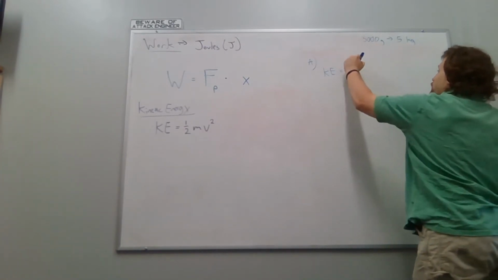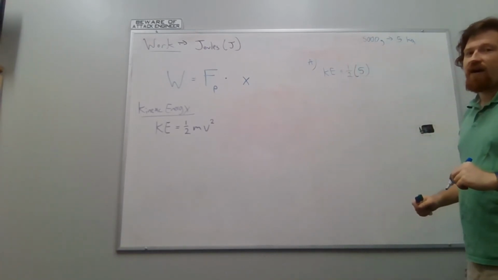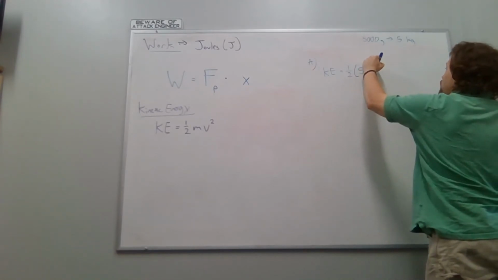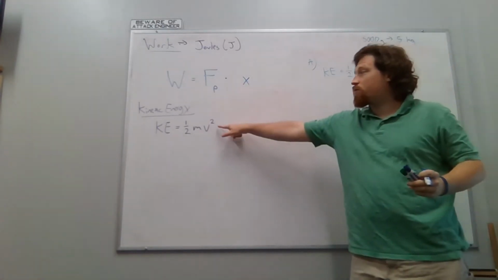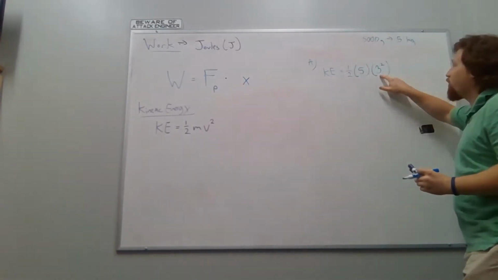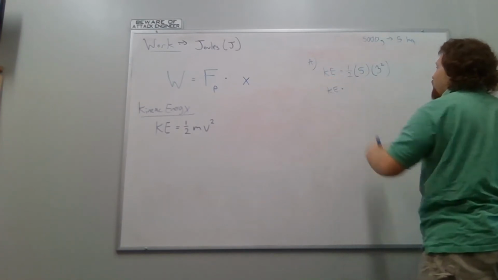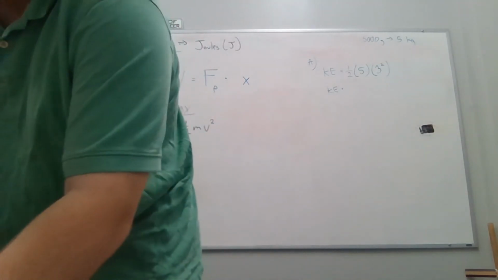So the number I'm going to plug in for the mass of the bowling ball is 5 kilograms. And that 5 kilogram bowling ball is rolling at 3 meters per second. Our velocity term is squared, so we're going to square that 3. That means the kinetic energy of the bowling ball, I'm going to pull out my calculator and show you how I enter this.